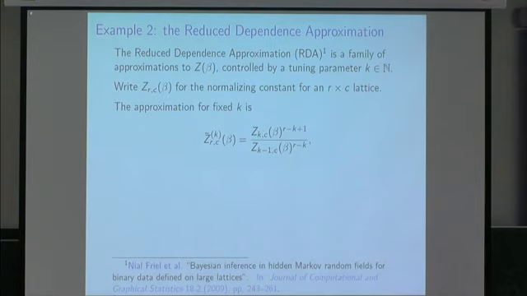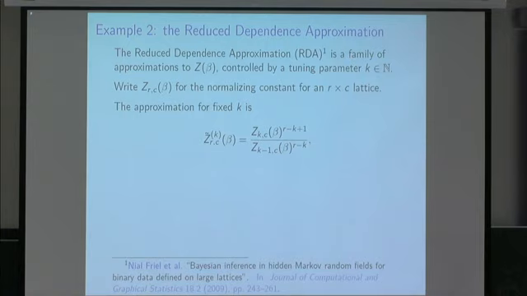To be a little bit more precise, it's finding an approximation to the normalizing constant for an r by c grid by looking at combinations of normalizing constants for k by c and k minus 1 by c grids, where k and k minus 1 are supposed to be a lot smaller than the number of rows.